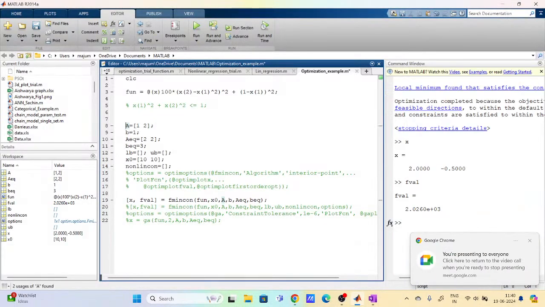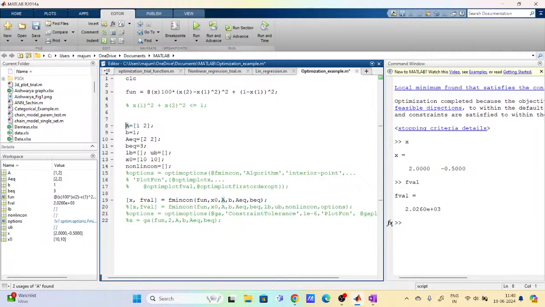A, B, Aeq, Beq, nothing is there. A, B, Aeq, Beq. LB, UB. X0, let us suppose it is 0, 0.